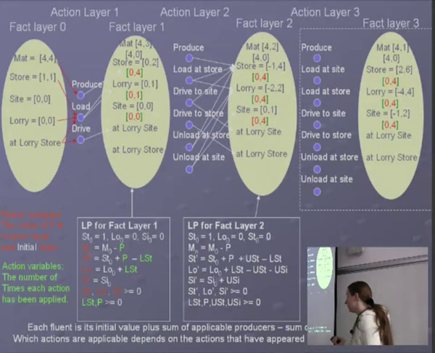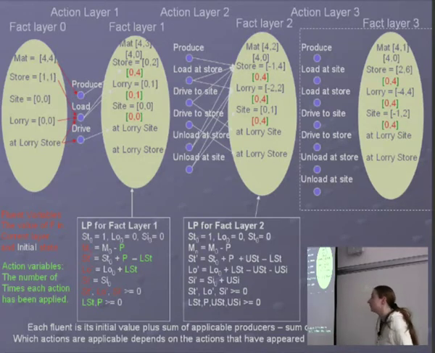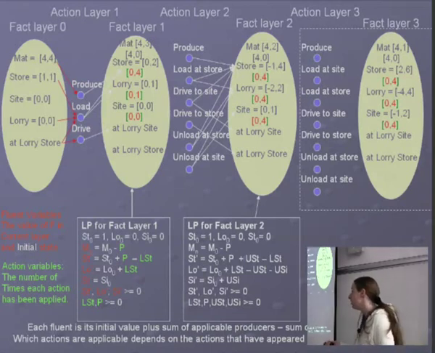So you see now, instead of having st prime is st naught plus p minus lst, we've got st prime is st naught plus the produce actions plus the unload at site actions, because we now can have applied that, minus the load at the site actions, because that takes values off that variable.